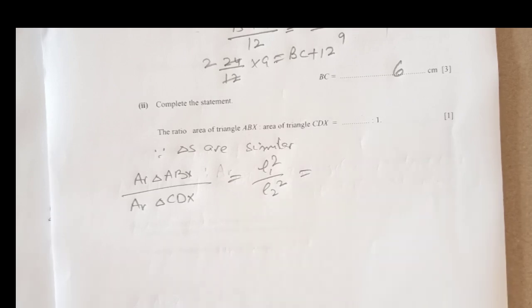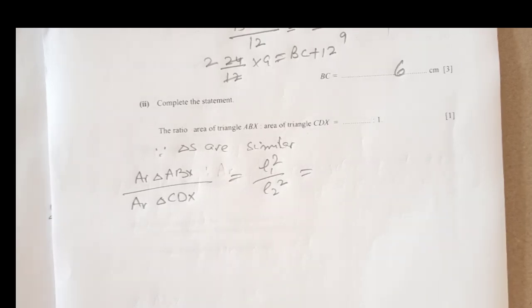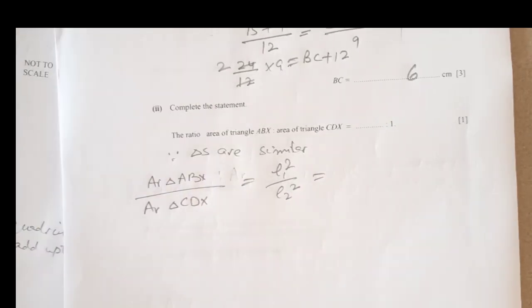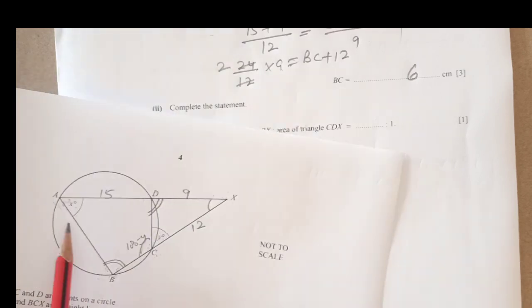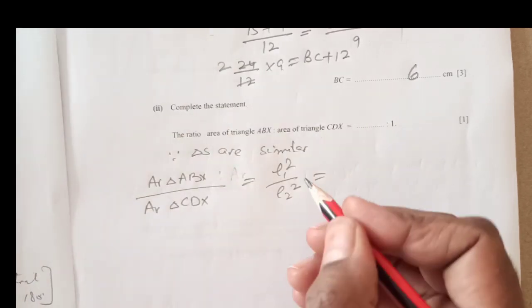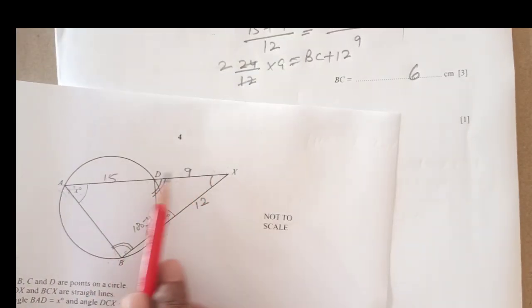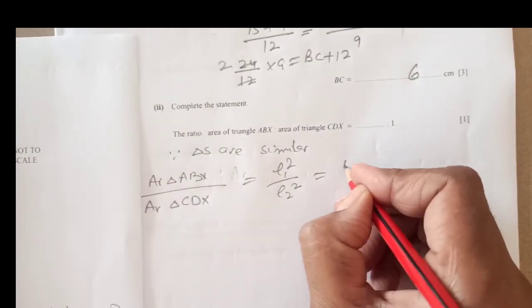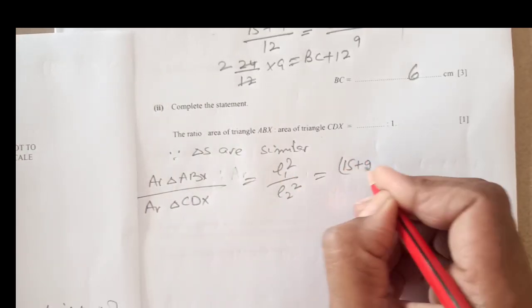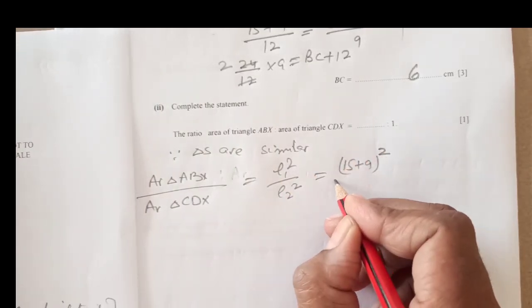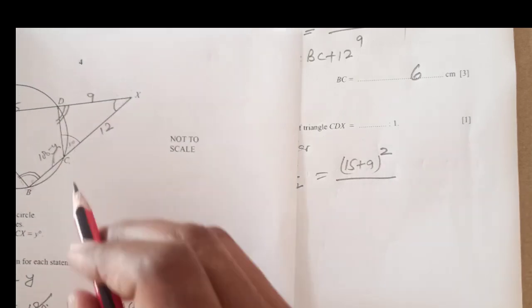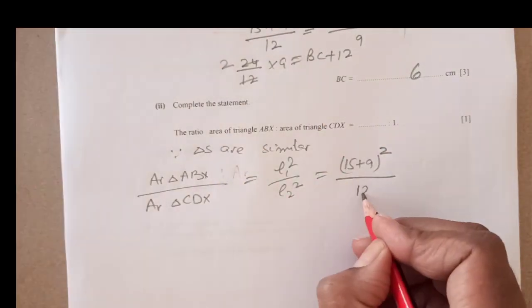Length 1 is the length of the first triangle ABX, which is the bigger triangle. We can take this side, 15 plus 9, which is 24, squared, over L2. L2 we can take this one, which is 12, squared.